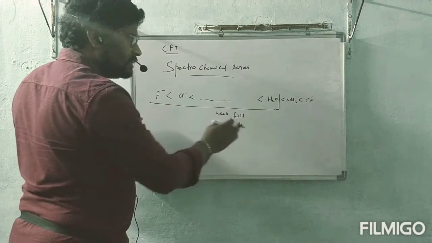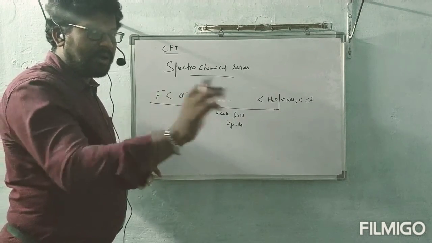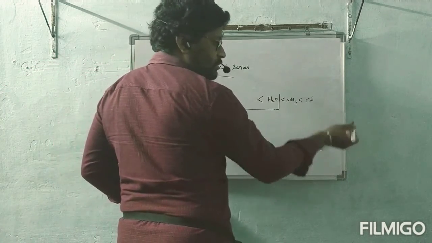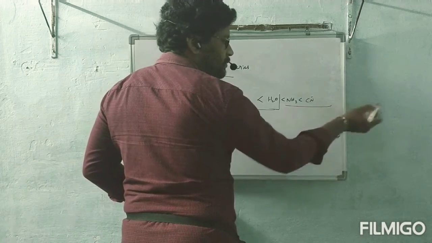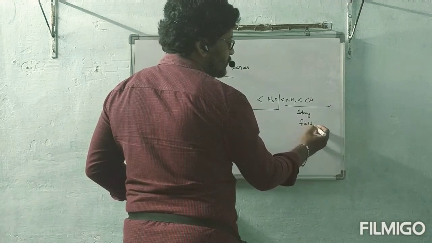Including water also, it is included as a weak field ligand. So tick that one: up to water, weak field ligands. From next to water onwards up to the last, those are strong field ligands.